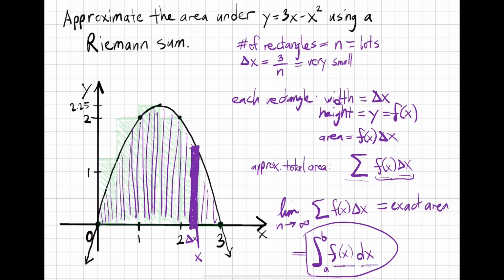And this is the connection between the Riemann sum that approximates an area using geometry and the integral that computes an area exactly by introducing this limit as n goes to infinity.